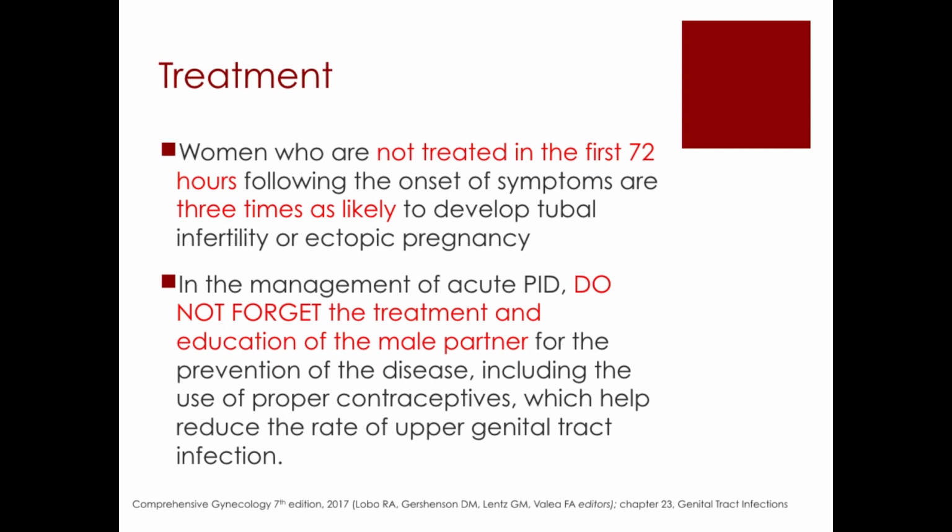In the management of acute PID, do not forget to treat and educate also the male partner for the prevention of the disease, and also the recurrence of the disease, including the use of proper contraceptives, which help reduce the rate of upper genital tract infection.